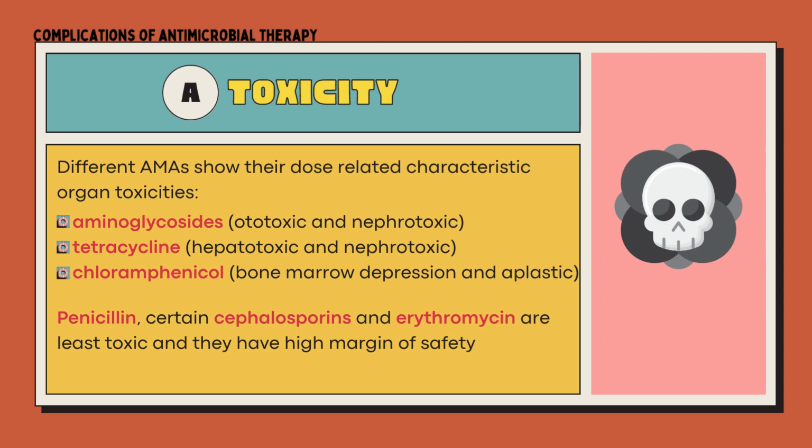Different antimicrobial agents then show their dose-related characteristic organ toxicities, such as aminoglycosides that are ototoxic and nephrotoxic. Next would be the tetracyclines that are hepatotoxic and nephrotoxic. Next would be chloramphenicol, which causes bone marrow depression and aplastic anemia. But penicillins, certain cephalosporins, and erythromycin are least toxic and have a high margin of safety.